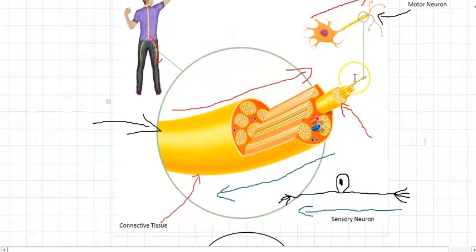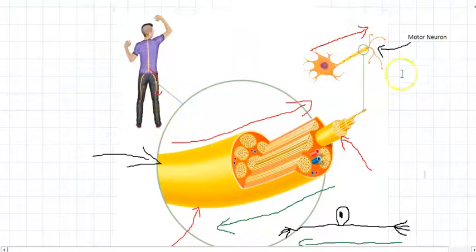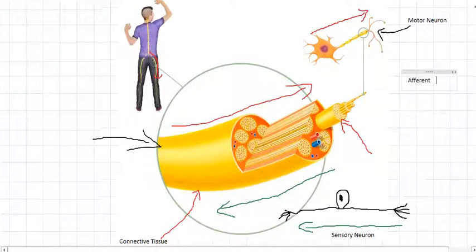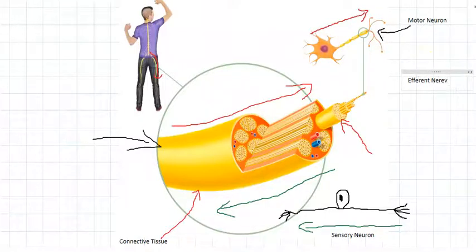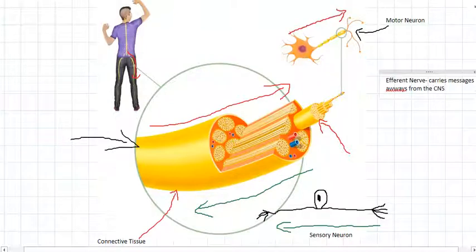Okay, well, doctors and scientists actually give these two types of nerves a particular name. If the nerve is made up of motor neurons carrying messages away from the central nervous system, that's called an efferent nerve. Sorry, I mixed that one up at first. It's called an efferent nerve. It carries messages away from the central nervous system.